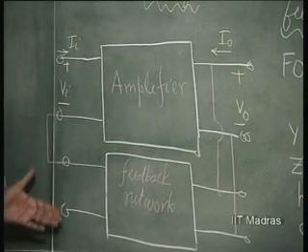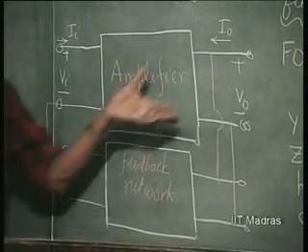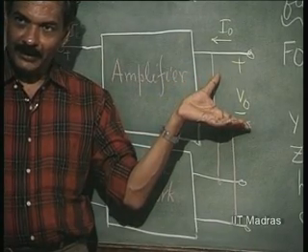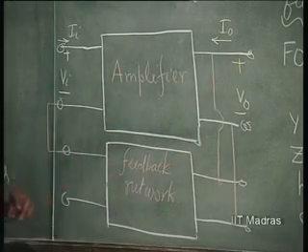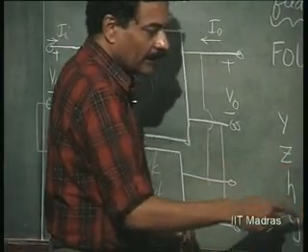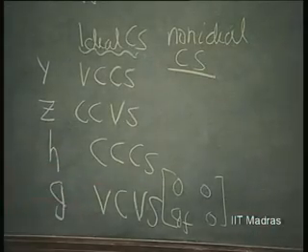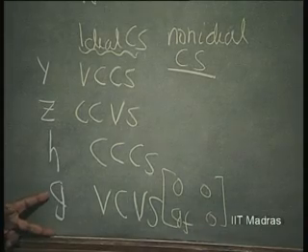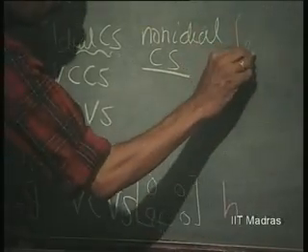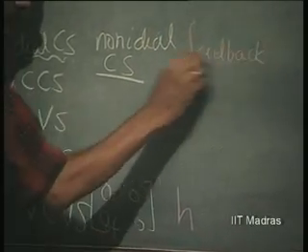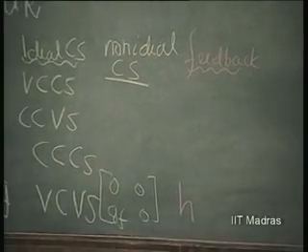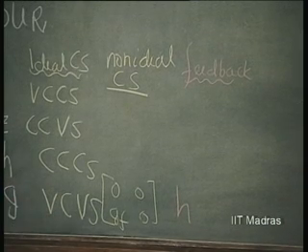So, it should be in series at the input in order to increase the input impedance. It should be in shunt at the output in order to bring down the output impedance, in order to make it a voltage source. So, this is nothing but H feedback. So, in order to realize a voltage controlled voltage source, which is expressed in terms of G parameters, you have to give H feedback.